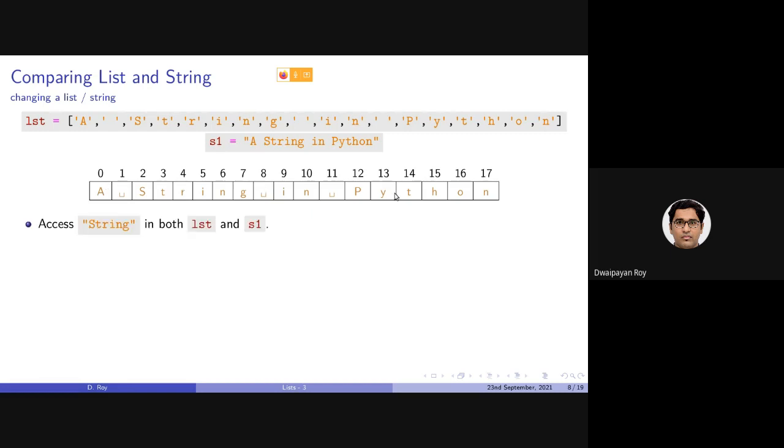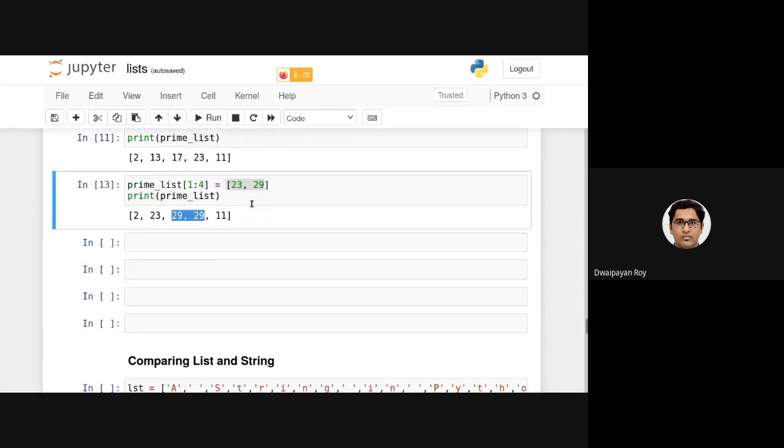Now, if we want to access the string here, the string part is from here. So basically, we can use the slicing operator from 2 to 8. That will be considering all the items from 2 to 7, and we can actually access them. So let's try that.